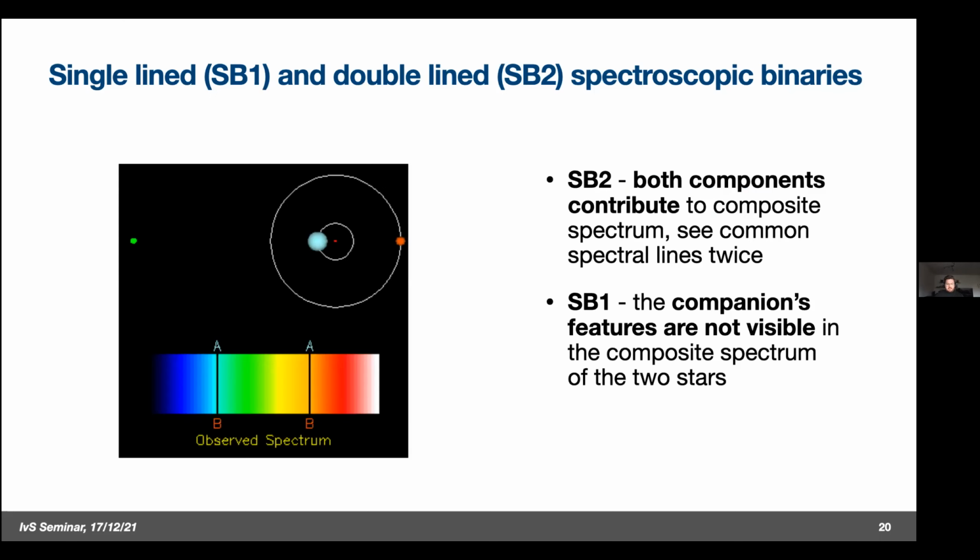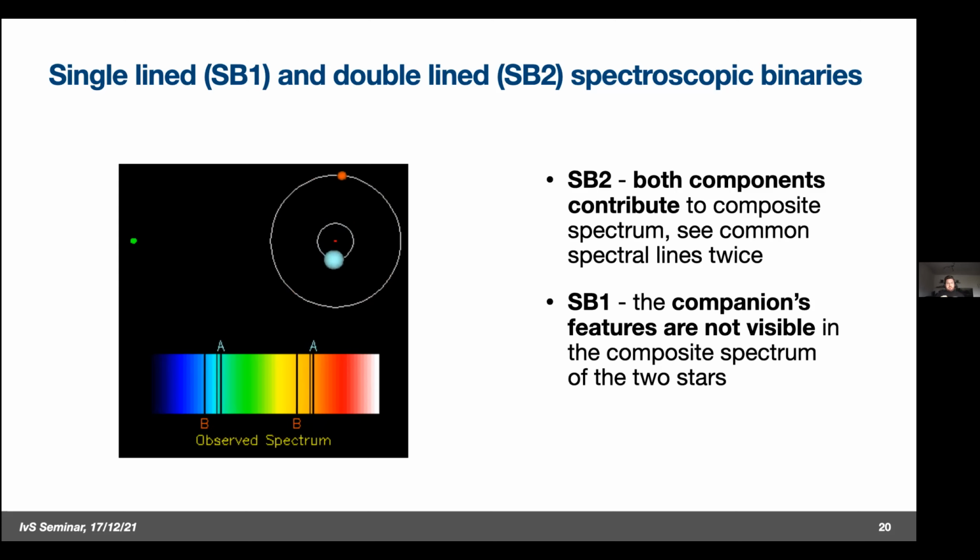I mentioned there that the star was an SB1, and I should probably mention what that means. I think it's easier to start with explaining what an SB2 is, and it's what we expect to see when we observe a binary system in spectroscopy, where an SB2 is a binary where we can see both of the components of the spectral lines in the spectrum.